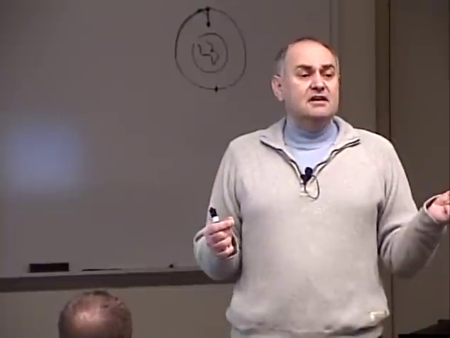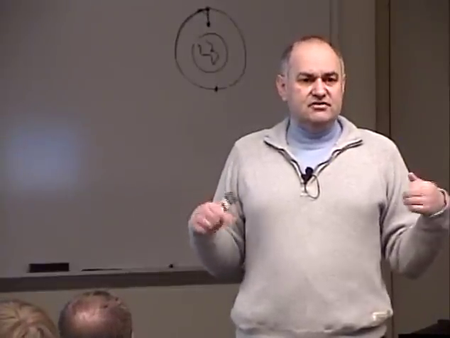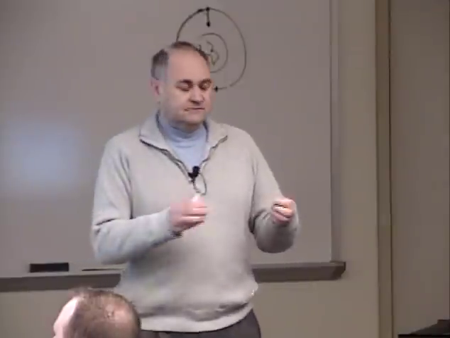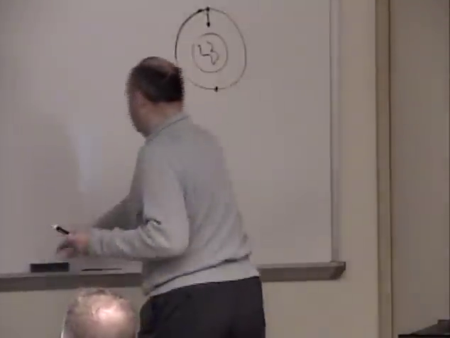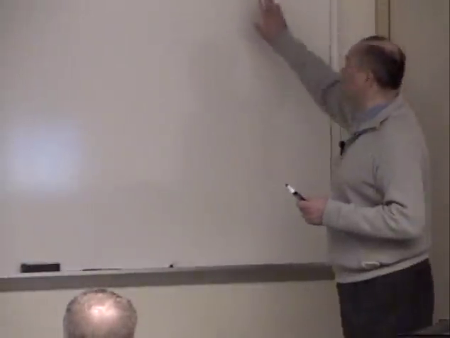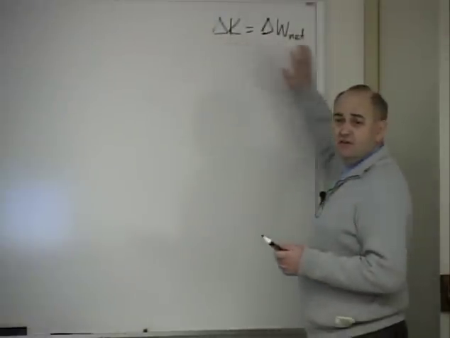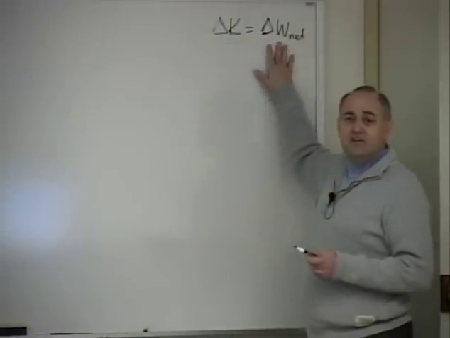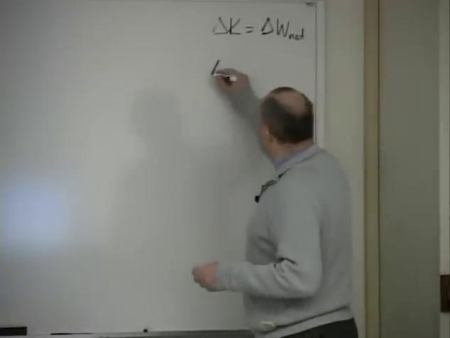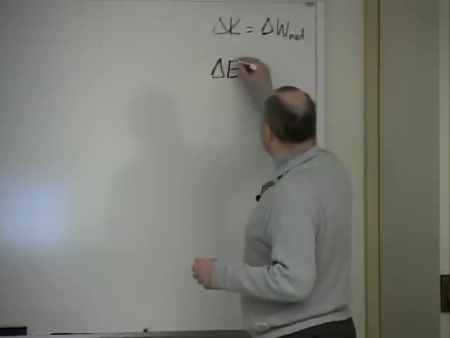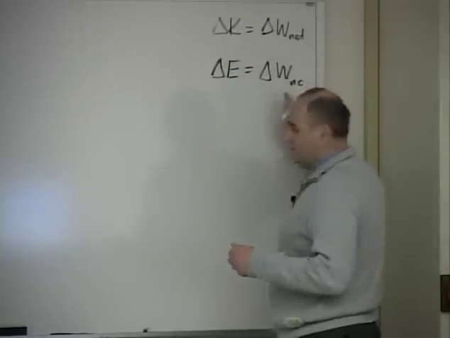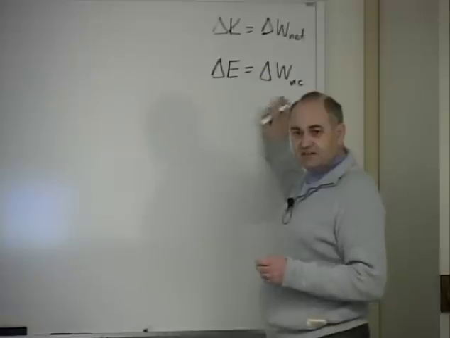But let's say that when mechanical energy is conserved, it's also from the work-energy theorem. So kinetic energy is conserved when the object does not interact with anything else. Mechanical energy is conserved when this work is zero. What's that?